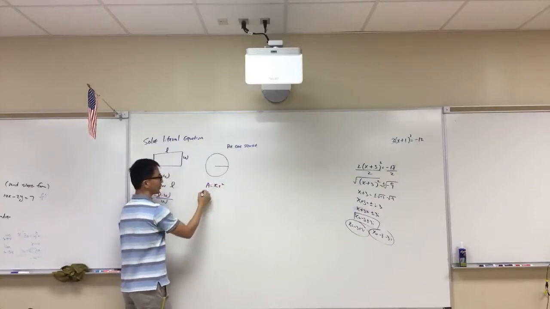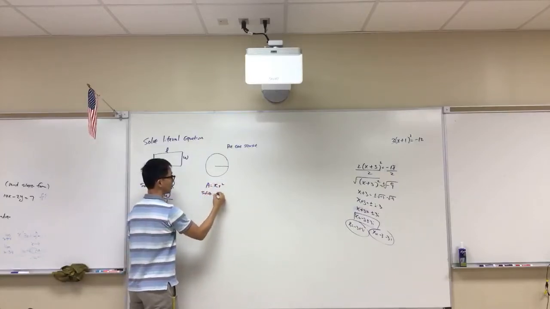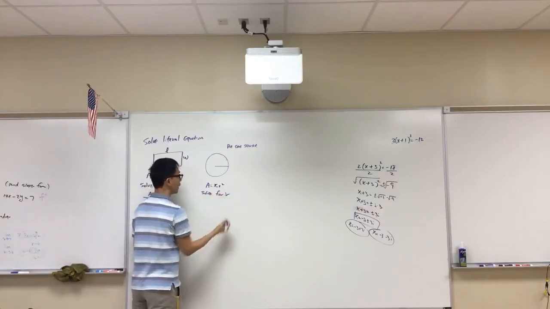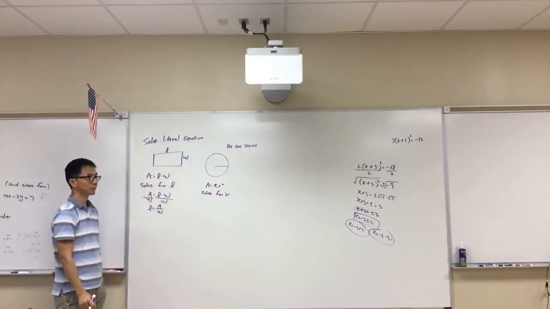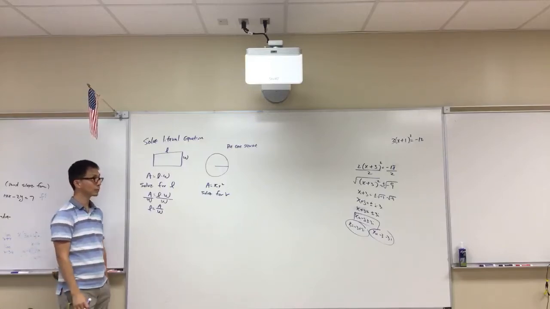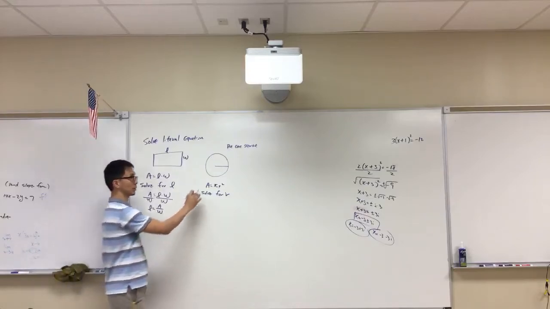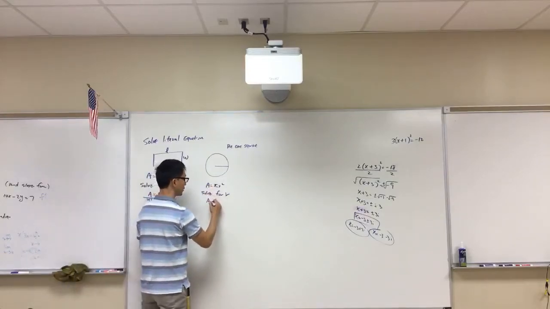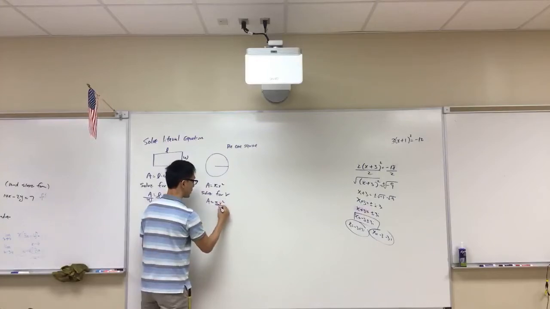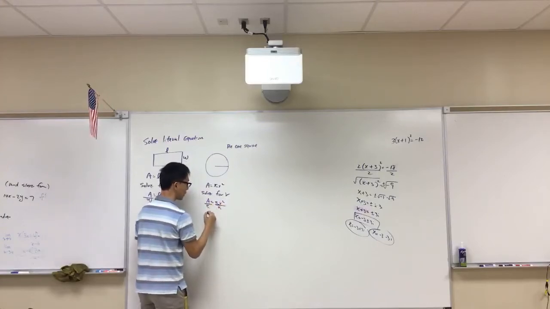So we can say solve for r. How do I solve for r? Get r by itself. You divide by pi, good. So I'm going to get A over pi is equal to r squared.